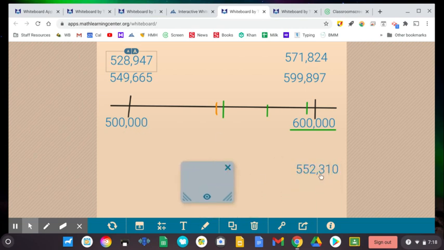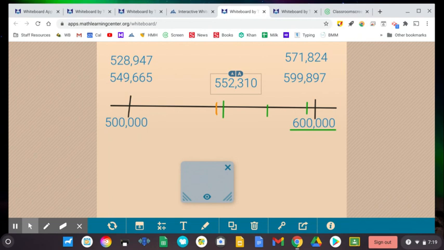And then we have our last number. 552,310. That's really close to the middle again. How do we decide? Okay. Do you remember when you were in third grade and I know some of your teachers taught you to think of rounding as a big hill?